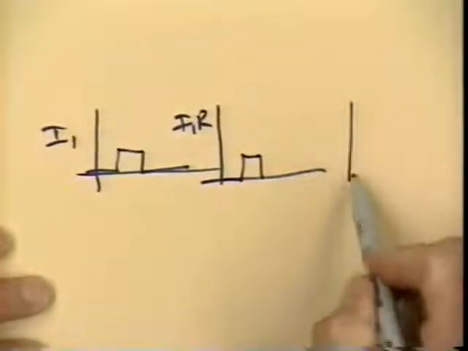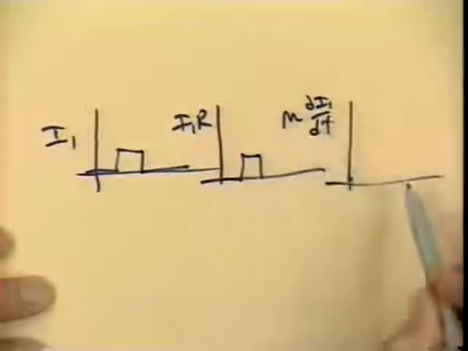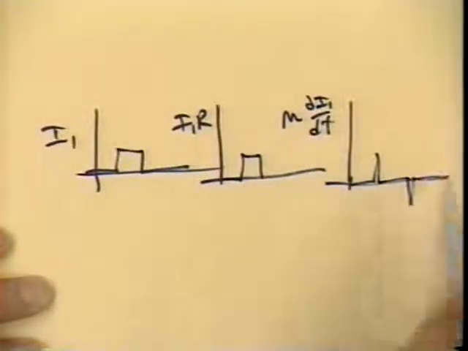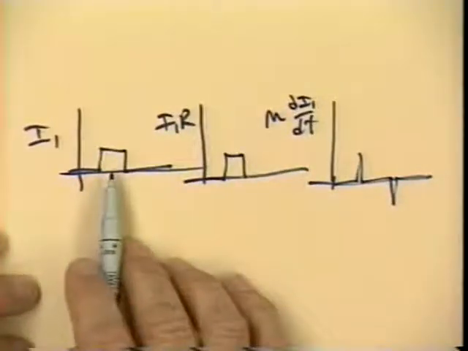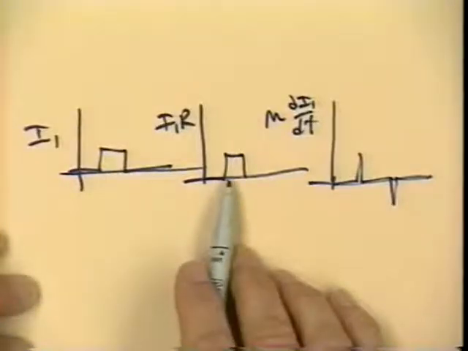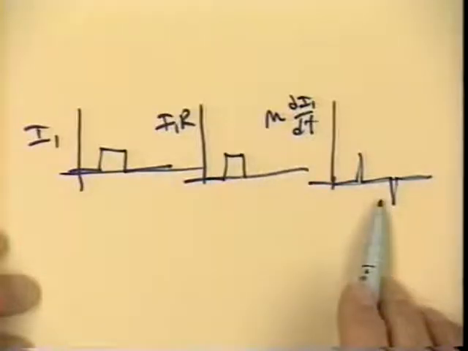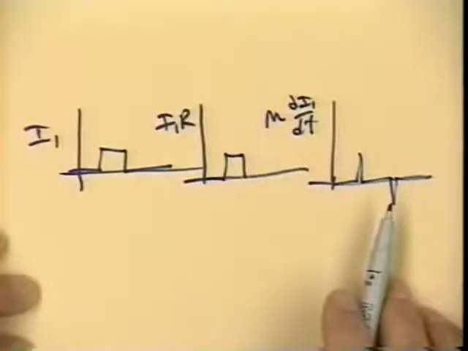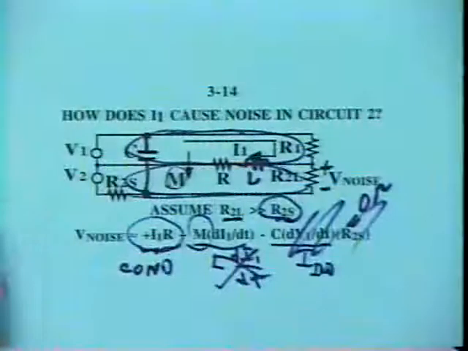On the other hand, if the problem is M dI1/dt, then we're going to see a positive spike and a negative spike on the edges. So if I know what this current looks like, if the noise in circuit 2 looks like the current, it's conduction. If the noise looks like the derivative of the current, then it's a magnetic field problem. So that would be a way that we could identify or separate these problems.